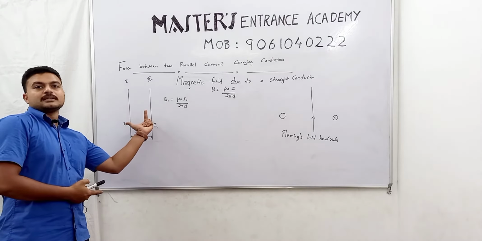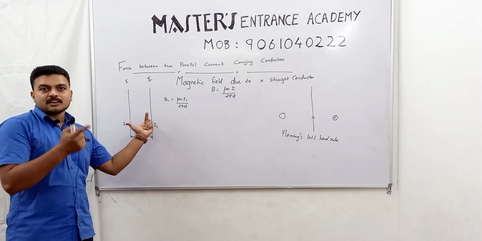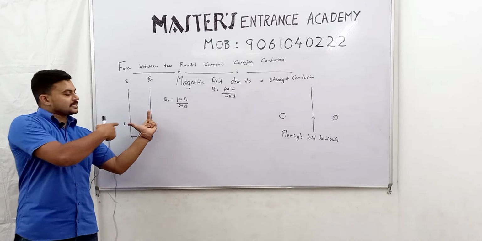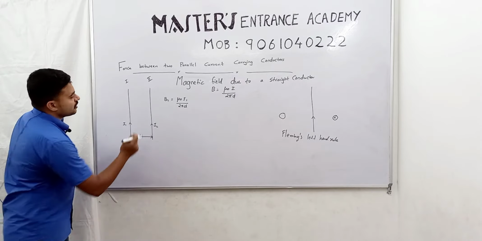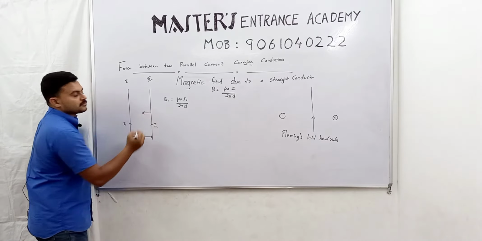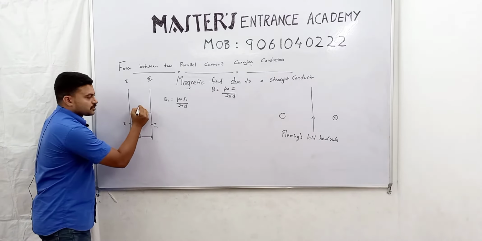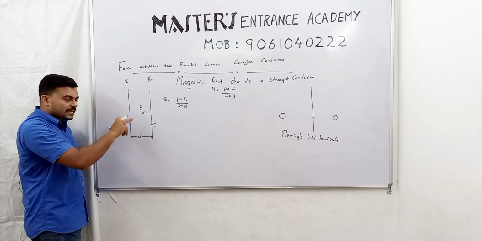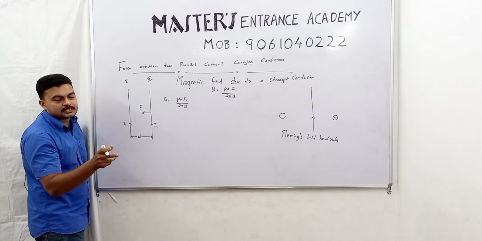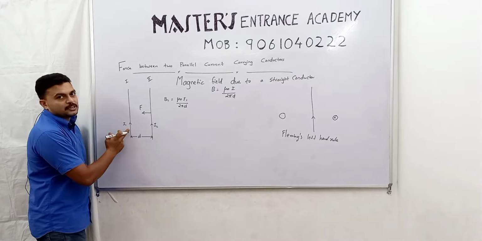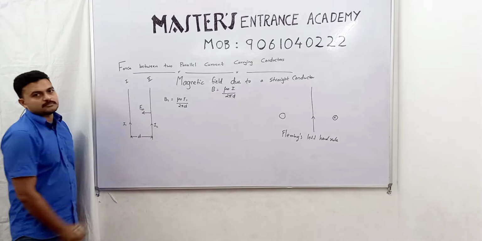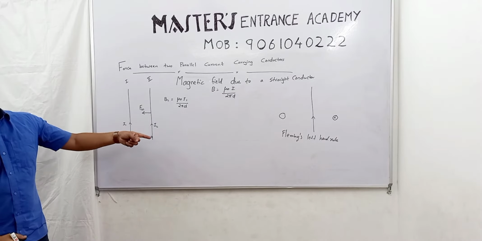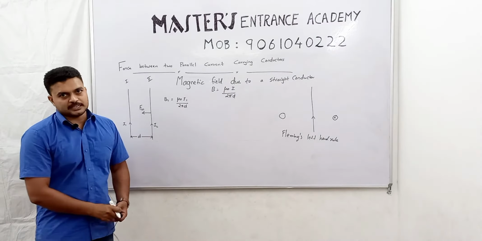That means the second conductor will move towards the left, thumb left. So there is a force acting. What force? The force acting on the second conductor due to the magnetic field of the first conductor. We will represent it as F21.